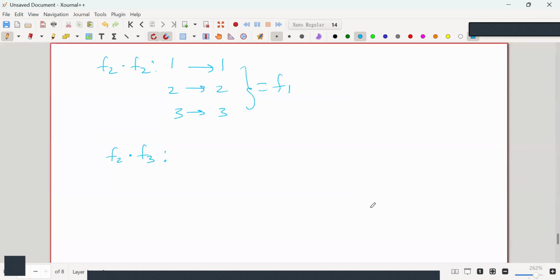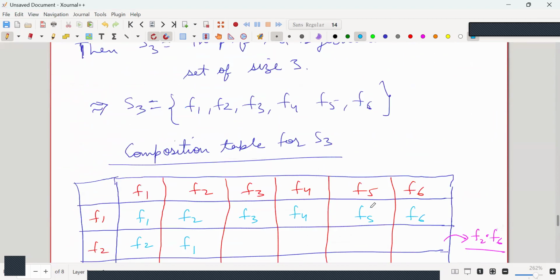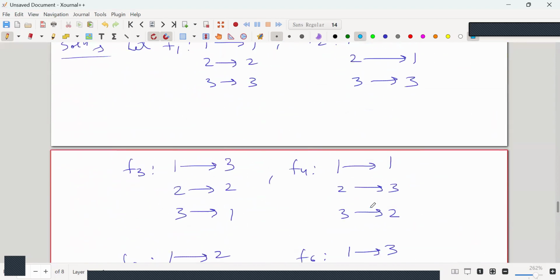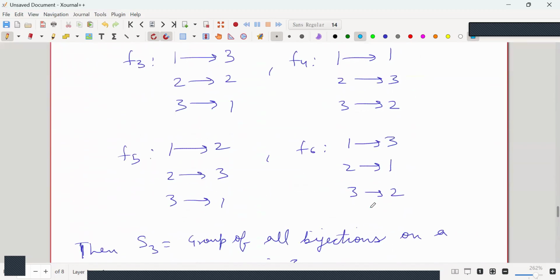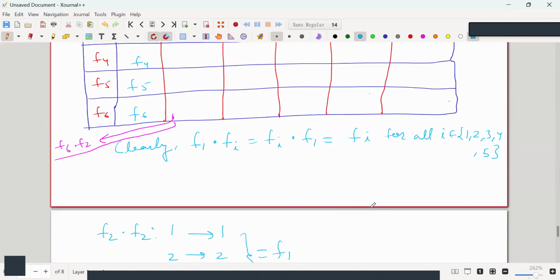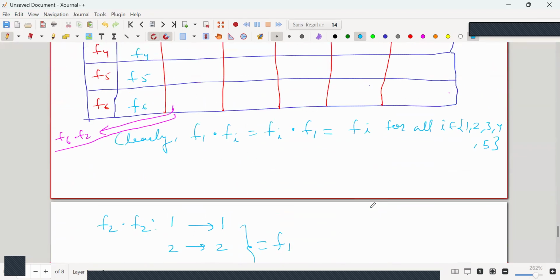So F3 maps 1 to 3, and where 3 is mapped under F2, this is again at the same place. So 1 is mapped to 3, and where is 2 mapped under F3?